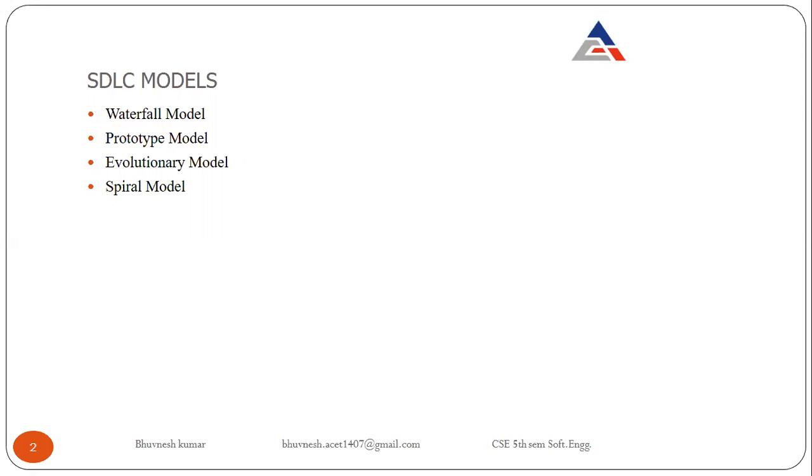Then the third model is the evolutionary model, also called the incremental model, and last is the spiral model. All these models follow the SDLC, the software development life cycle. Their phases are used in these models.